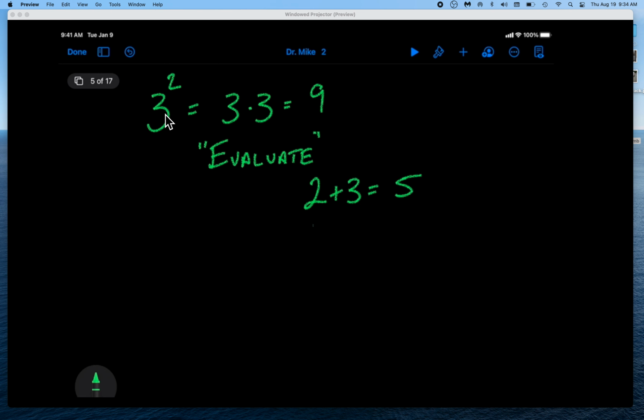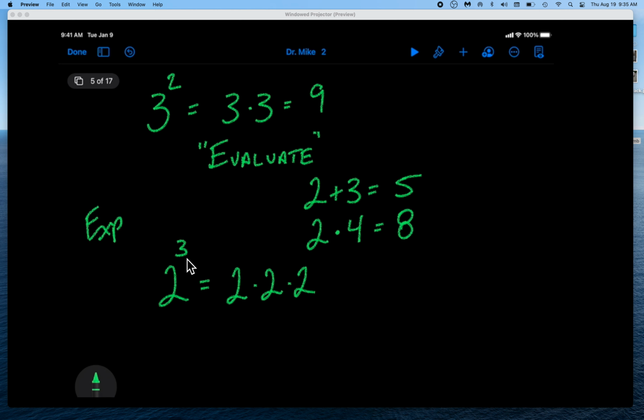If I asked you to evaluate 2 times 4, that would be 8. So if you're asked to evaluate 2 raised to the third power, that would be 2 times 2 times 2. This 3 is the exponent. Let me write that down.